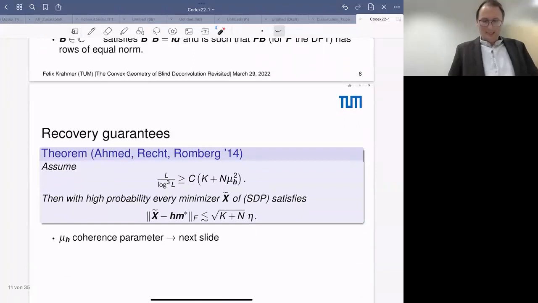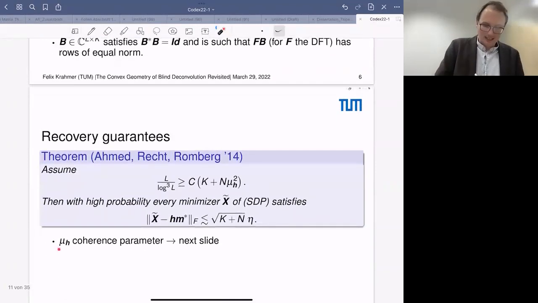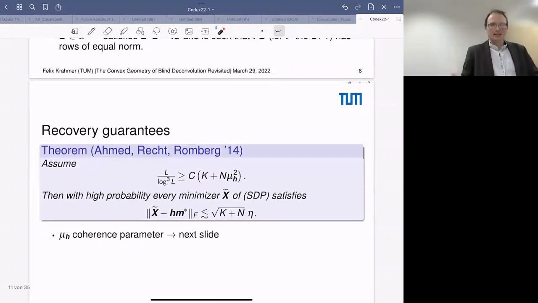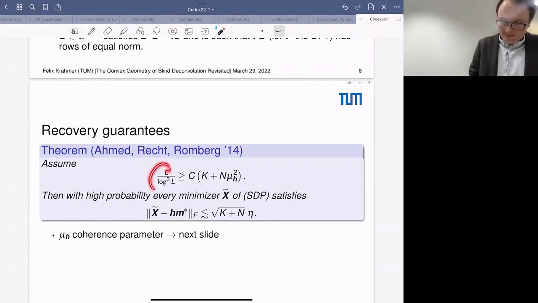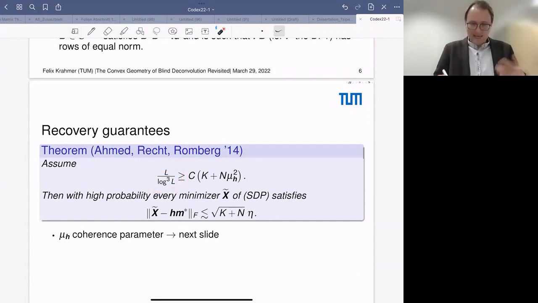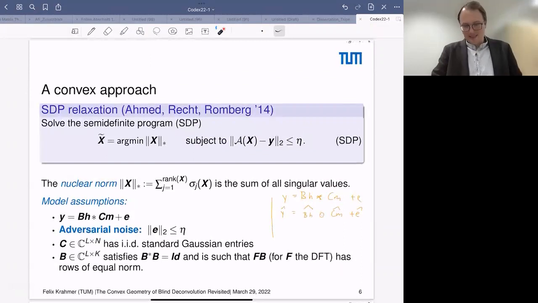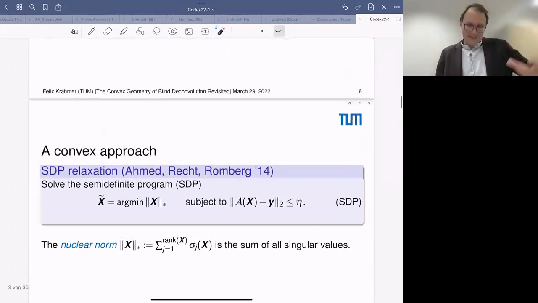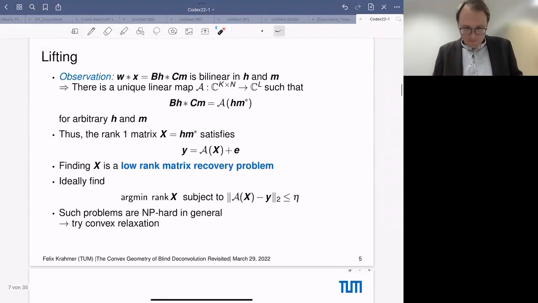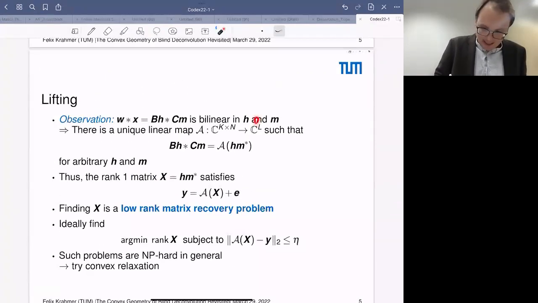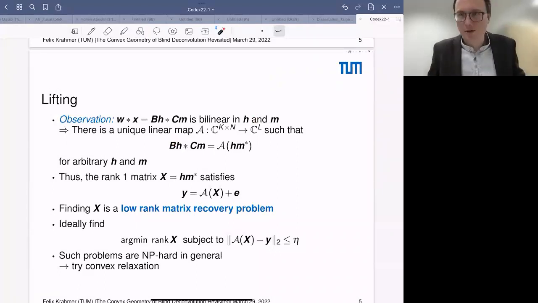But this last thing that I said is related to this coherence parameter, which will come in a second. But let's assume that there is some coherence parameter here, mu H, and then what they show is that, assuming that the number of measurements L, I mean, here it's a little bit tricky because the convolution doesn't have measurements in the form that can be freely chosen, but the measurements here is like the embedding dimension of B and C, because if you're taking the circular convolution of two vectors, the length will remain the same.